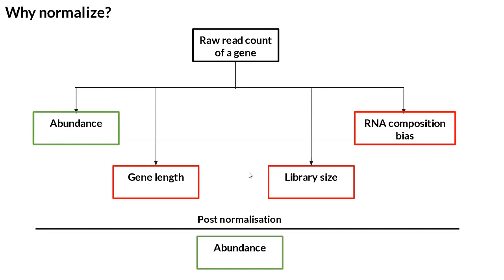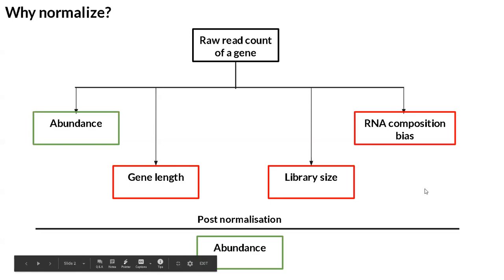But there are many other factors which can make you think that this is the true abundance, when in reality they are overshadowing the real abundance. So what you want to do is take care of these confounding factors, apply some sort of normalization, and reach the true abundance.